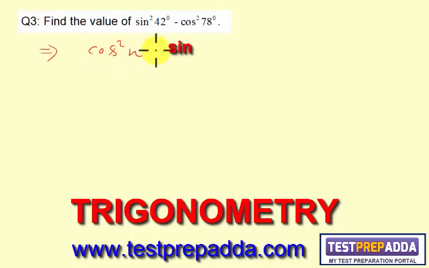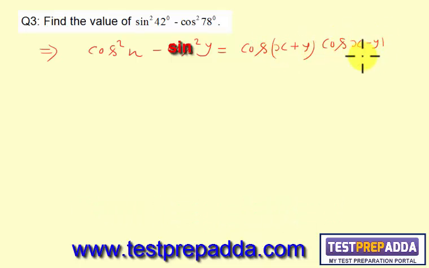Cos square x minus cos square y is equal to cos x plus y into cos x minus y. Okay, if you want, I can prove this for you.